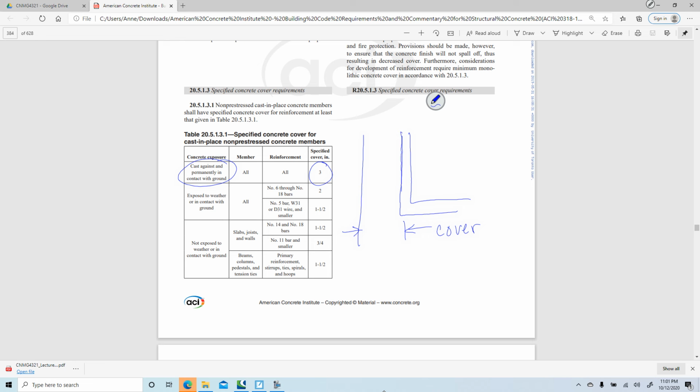Not to the center, but to the outside of your reinforcement. So it needs to be 3 inches if you're cast in place with the ground.